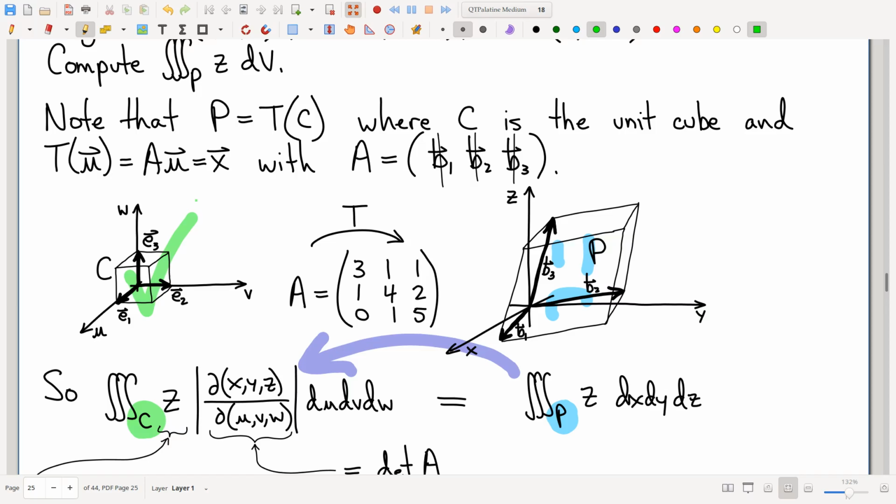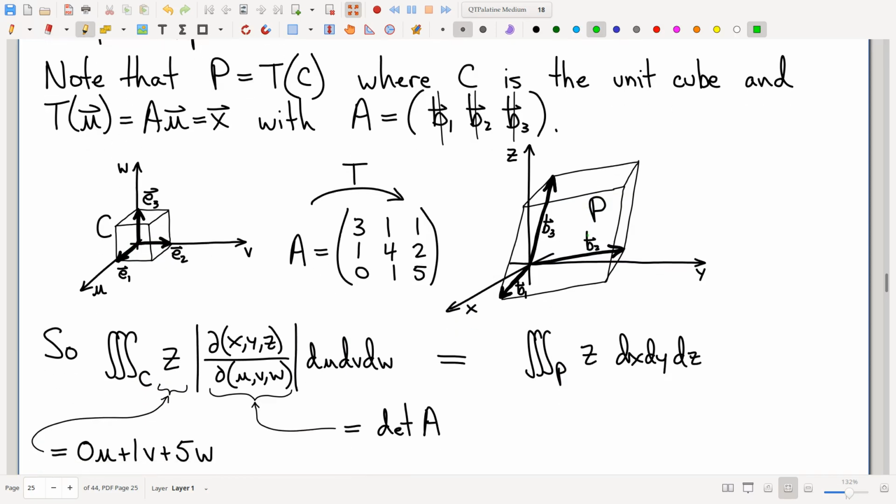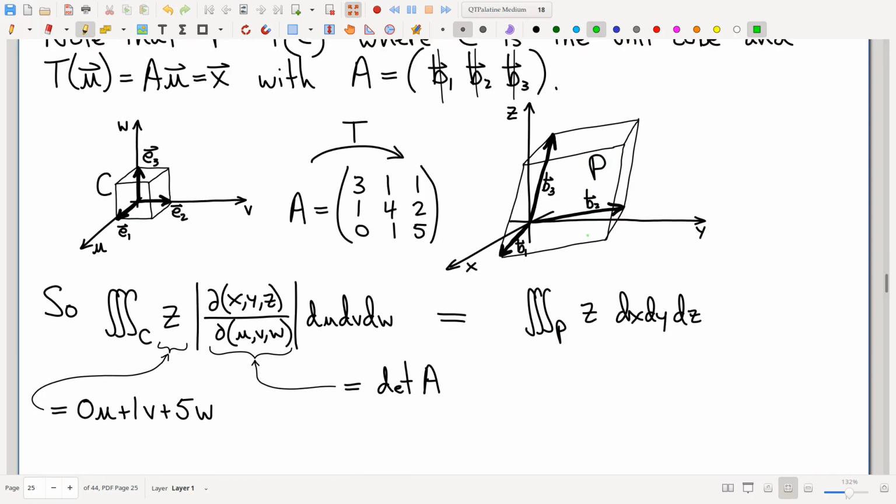All right, one other little detail that I'm going to mention, and I think it's a good exercise to think this through: we do have to convert the z here. I've got to figure out how to rewrite z in terms of u, v, and w. Don't forget what z is. z is your third output coordinate. How would you compute that third coordinate of that output?